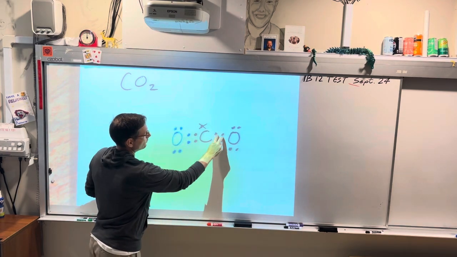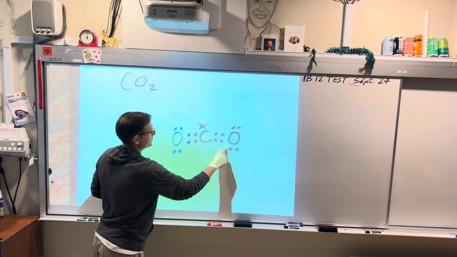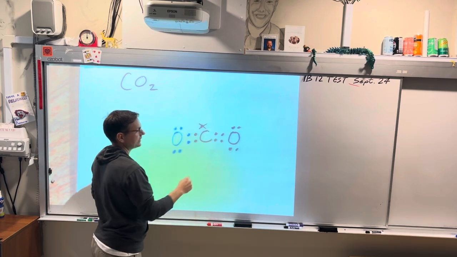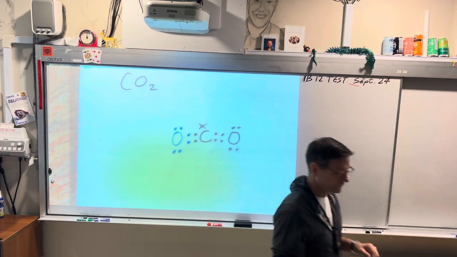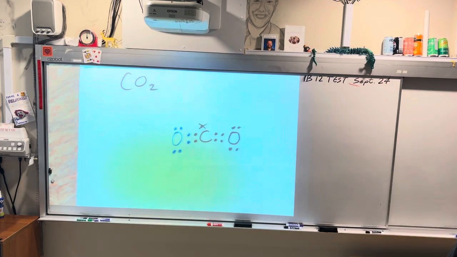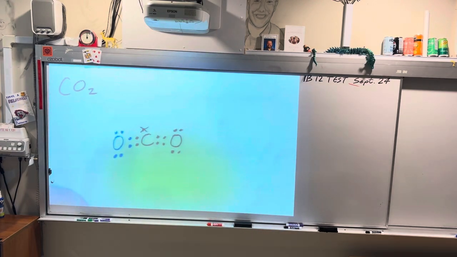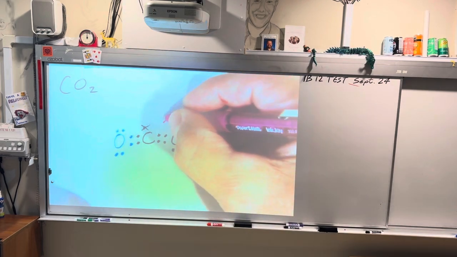You end up with what's called a double bond. If you share 1 pair of electrons, that's a single bond. If you share 2 pairs of electrons, that's a double bond.